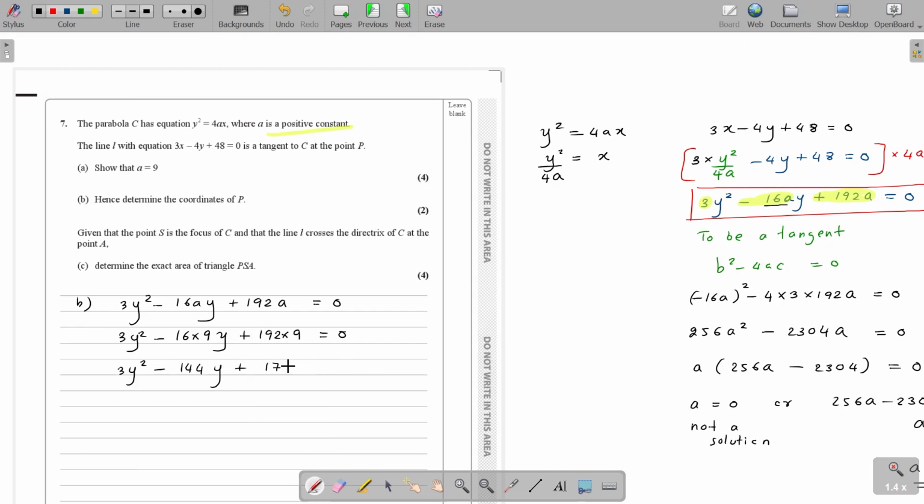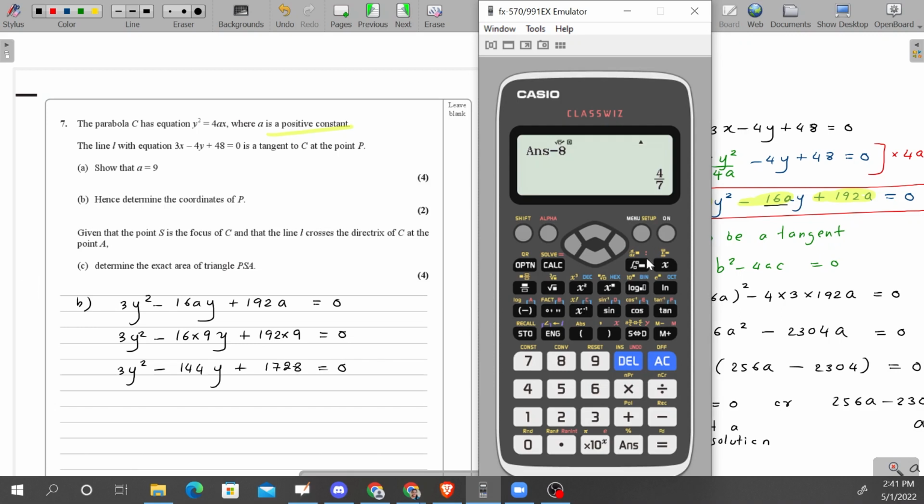Okay, so does this factorize? So we'll factorize. 3y square minus 144y plus 1728. So I get x equals 24.